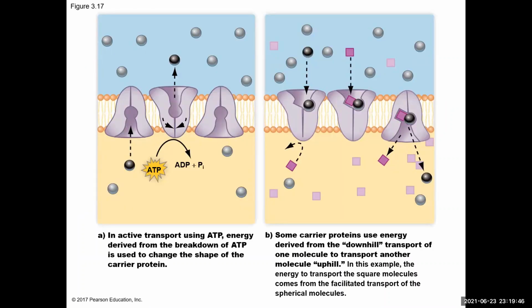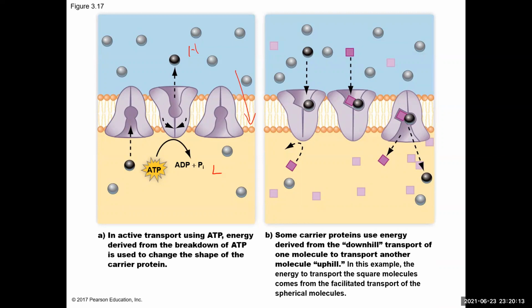So here's an image of active transport. You have these molecules, and notice you have high concentration versus low concentration. The molecules passively want to move into the cell, but there's no way for them to move into the cell, so they don't. However, the cell wants these molecules out.